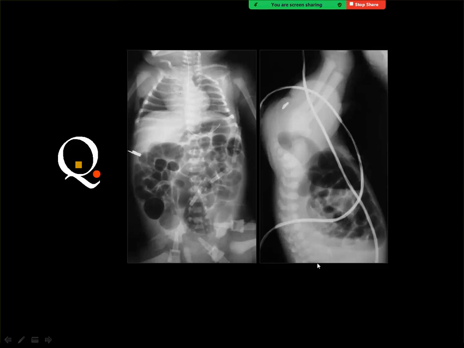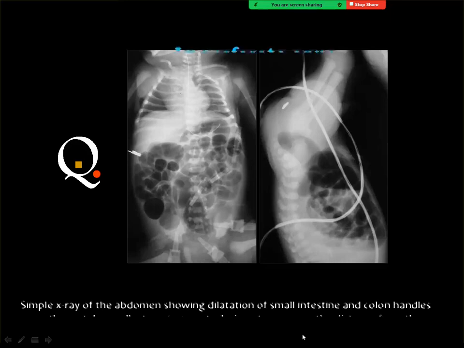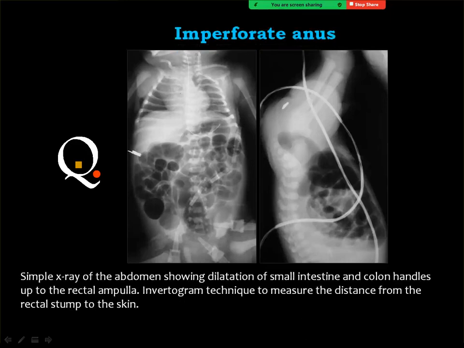You put the child in the inverted position for some time in order to allow air to accumulate in the most distal part of the colon. And you fix a metallic marker at the suspected site of the anal orifice. Then you see the distance between air and the marker. If the distance is short, and this is low atresia, if the distance is long, like this one, and this is imperforate anus or high atresia.